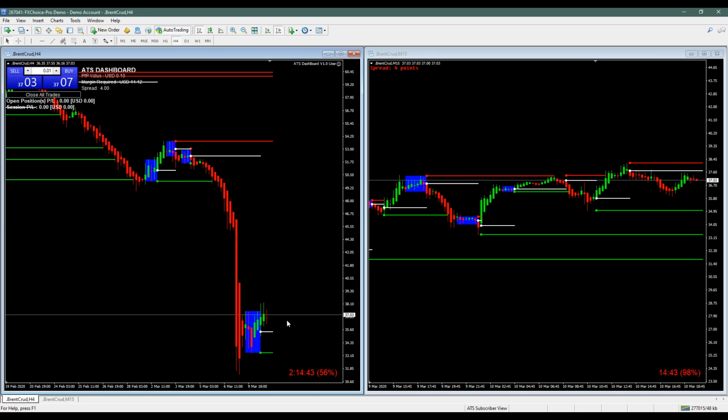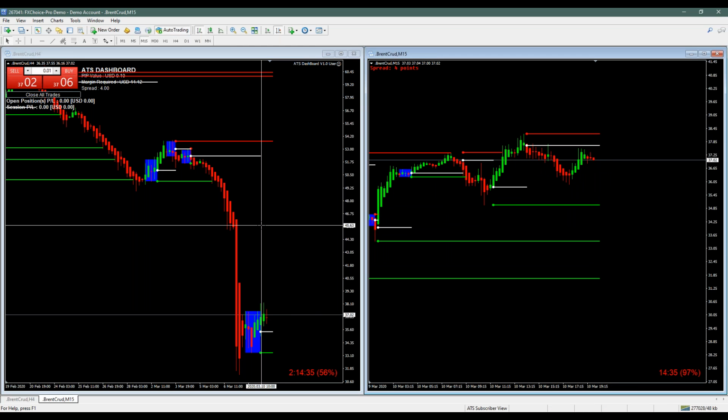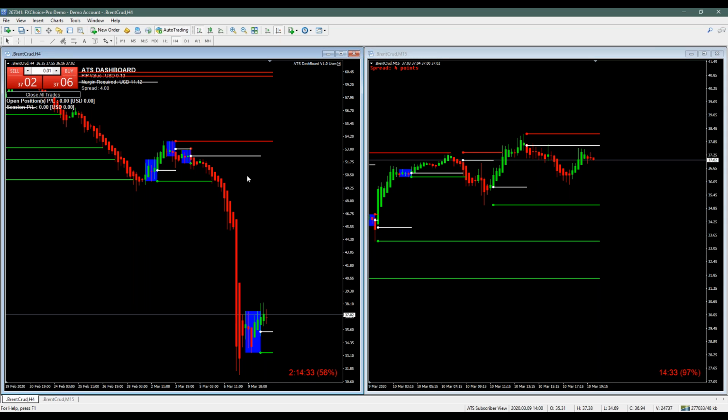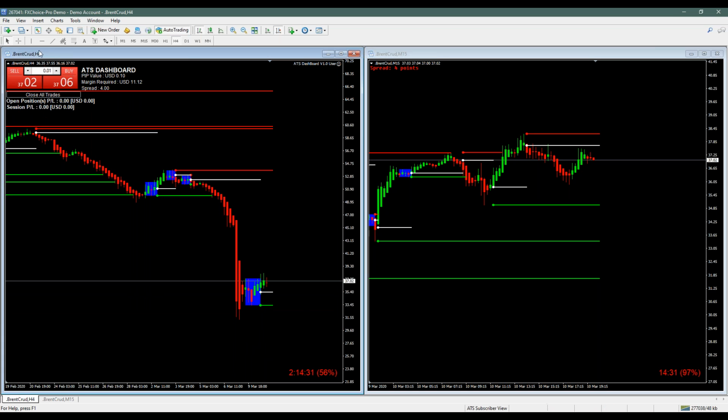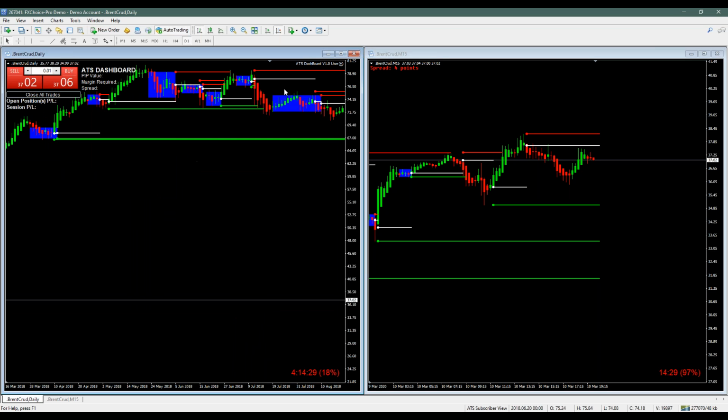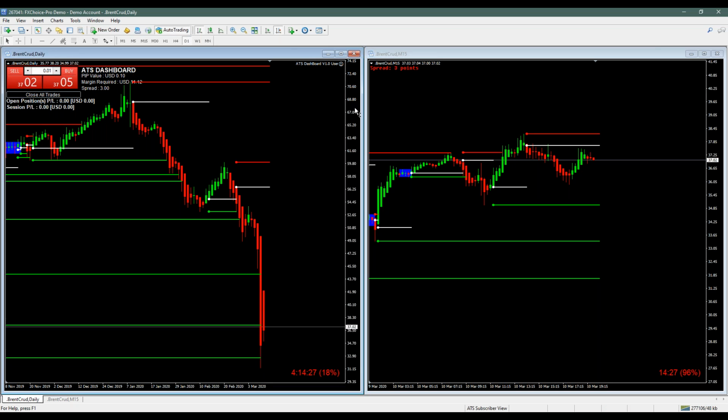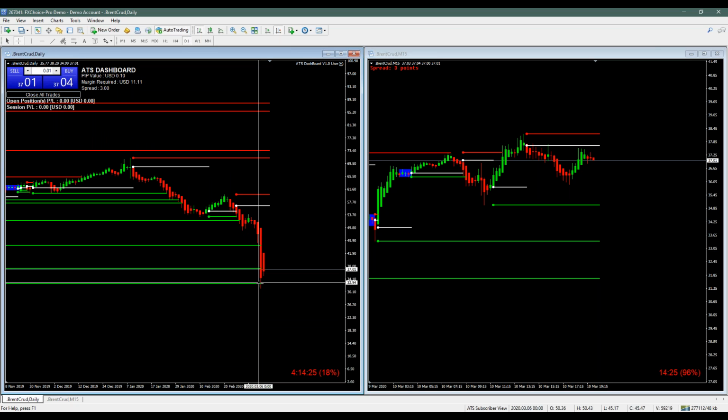Now moving forward in gold, we're technically above the expansion line, which would say that we're in a long market, but that's only on our 4 hour. Let's go ahead and take a look at the daily. Interesting.